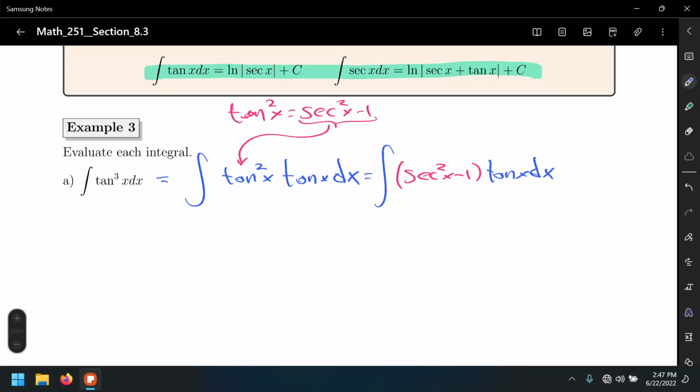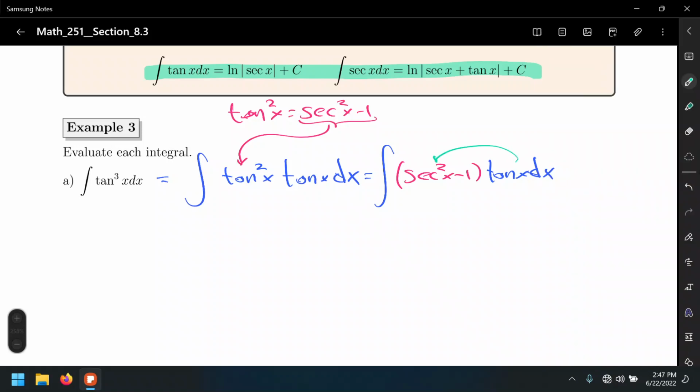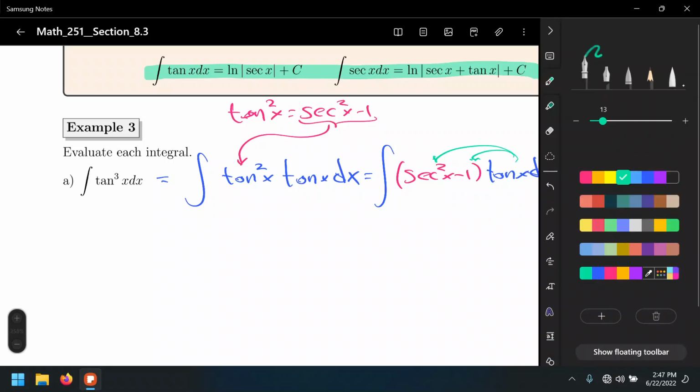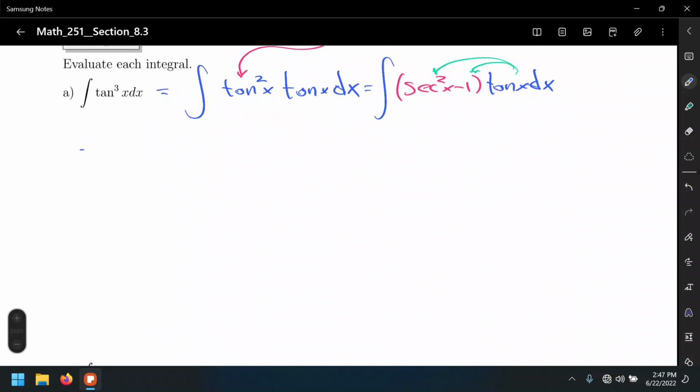From here, well, the trick here is to distribute. So that's going to be the integral of secant squared tangent x dx minus the integral of tangent x dx.